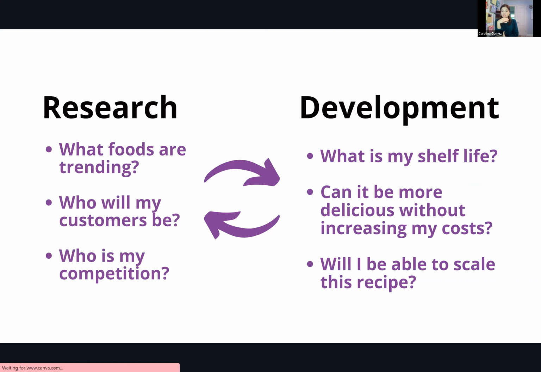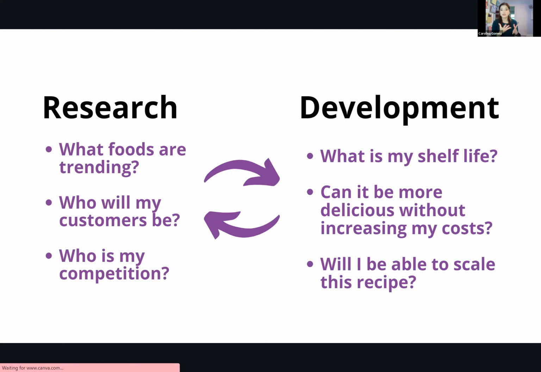So in research and development for your product, you've already done the research, you know why it's popular, you know where you're going to buy your ingredients from, you know where you're going to market or how people are marketing a similar product to yours. Then you go into development. And development is about your product. So when you're looking at your product, what's your shelf life?